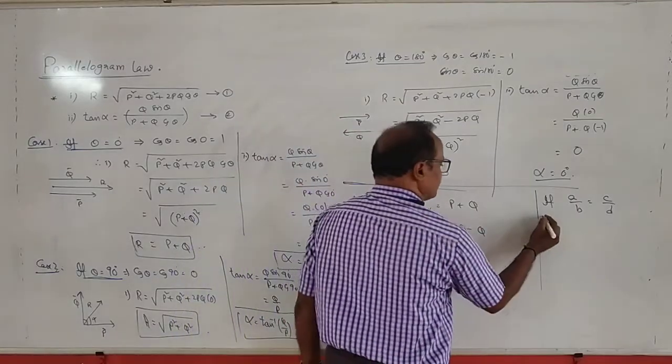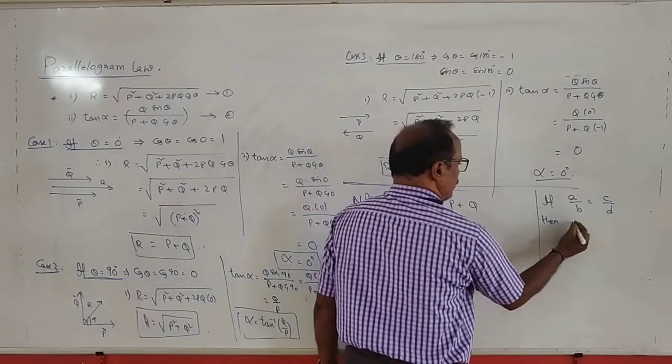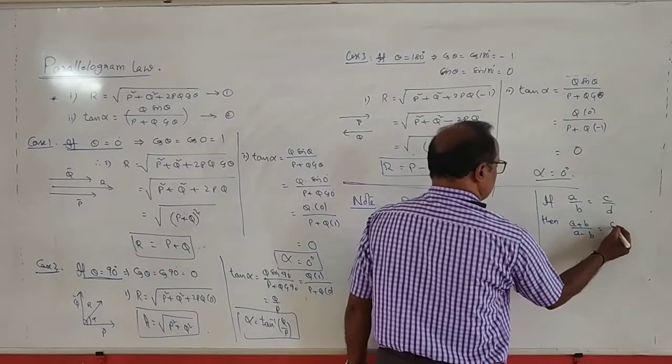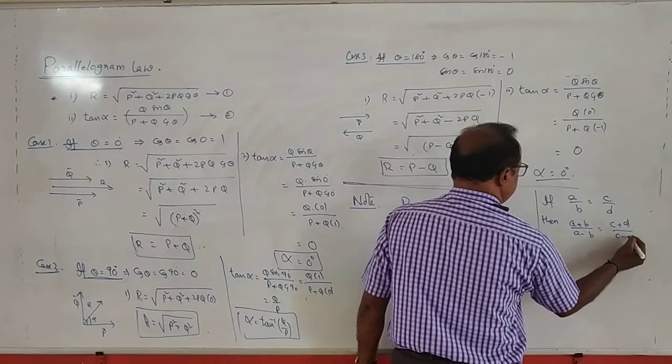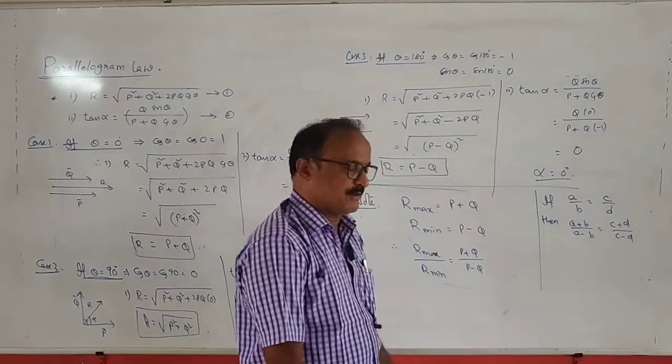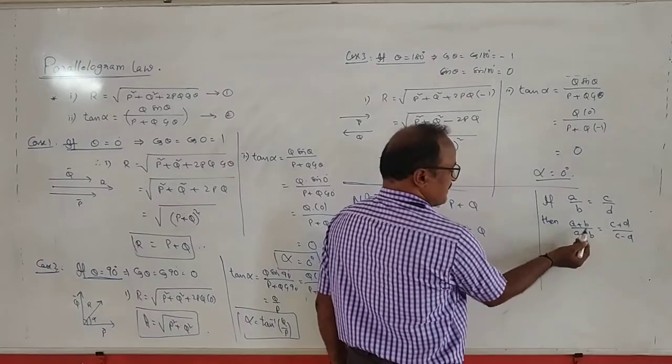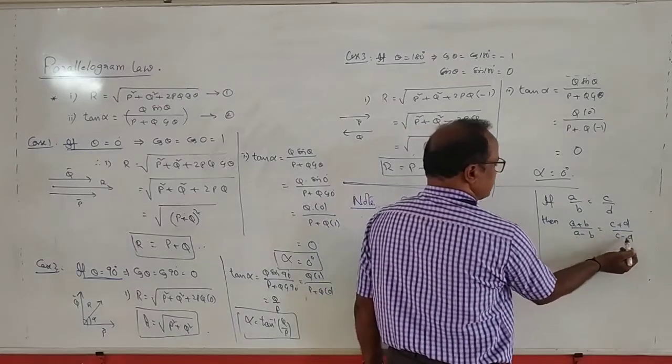Then according to componendo and dividendo, a plus b by a minus b is equal to c plus d by c minus d. This is the componendo and dividendo principle.